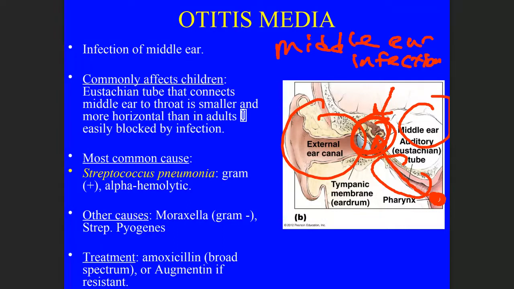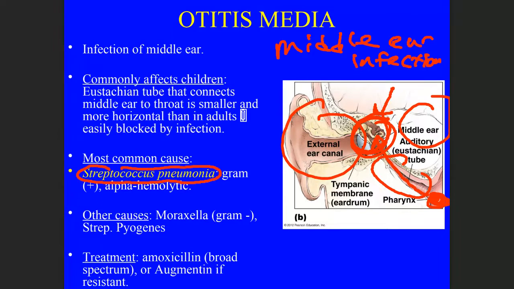Now, it's really hard for me to say that only this bacteria or that bacteria causes middle ear infections, because any bacteria that's in the pharynx can easily spread into the middle ear. But if we look statistically at all the different causes, the most common cause of most middle ear infections is Streptococcus pneumoniae, which is also a bacteria that causes pneumonia.